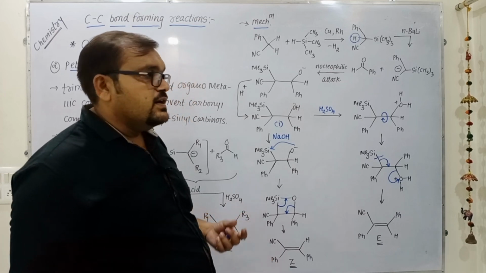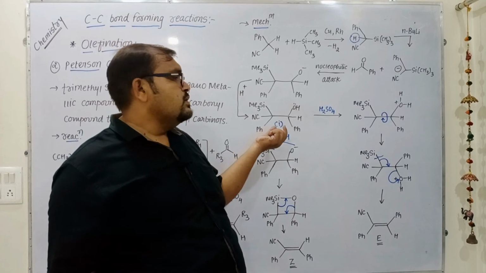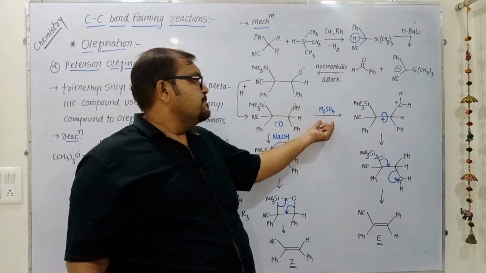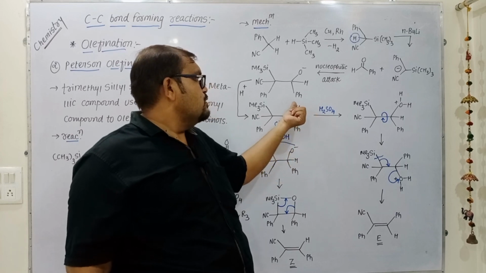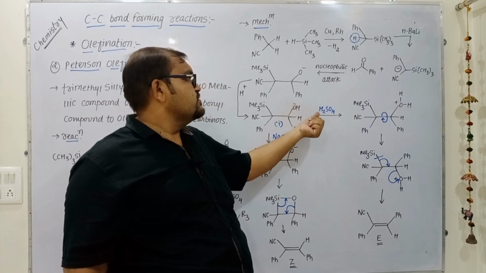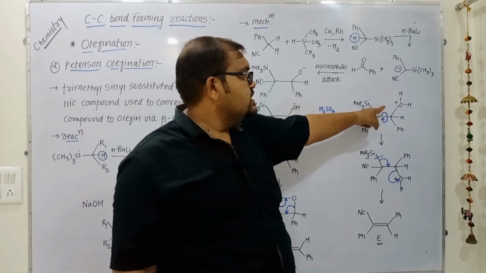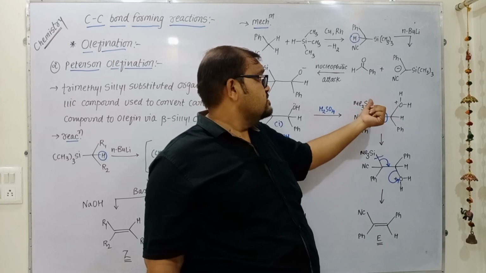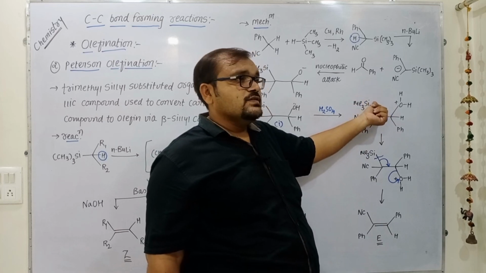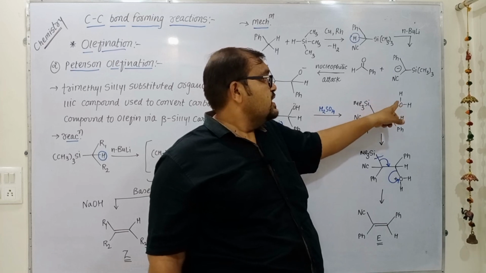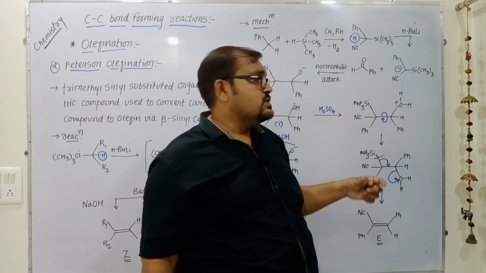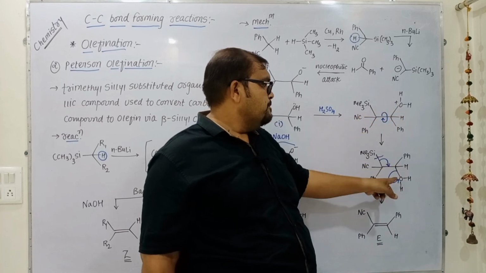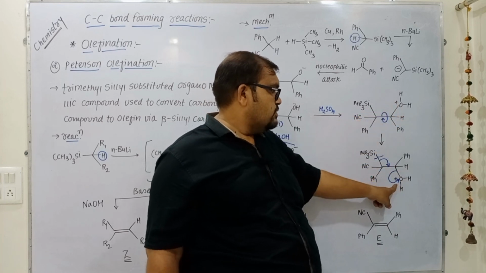Now in the other way, what will happen when we carry out the reaction of the same intermediate 1 with a strong acid? The lone pair of oxygen will abstract a proton and oxygen will get a positive charge. Now what will happen, friends? As we know, this silicon has a positive charge, and this positive charge may cause rotation of this single bond, as we can see here, and this group will come out here.